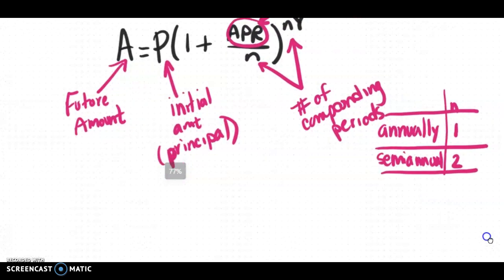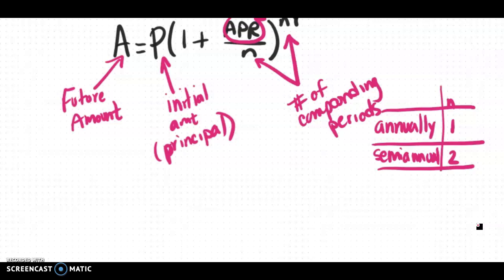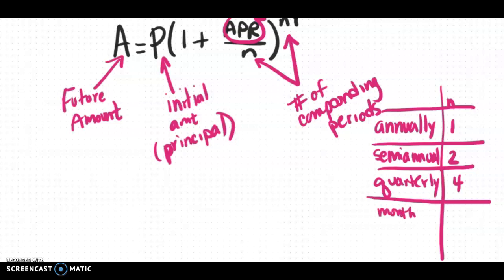Another common one is monthly. Let me do quarterly next. That's a common one, quarterly. Quarterly would be 4 times a year. There are 4 quarters in a year. Monthly, there are 12 months in a year, so 12.